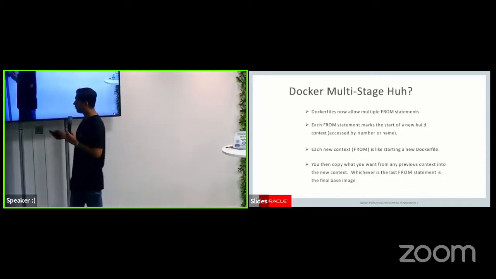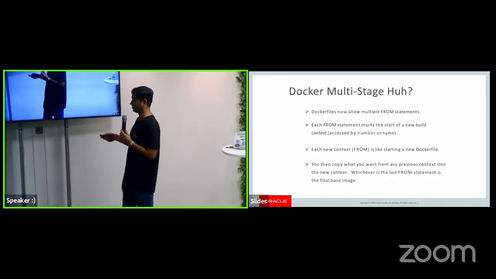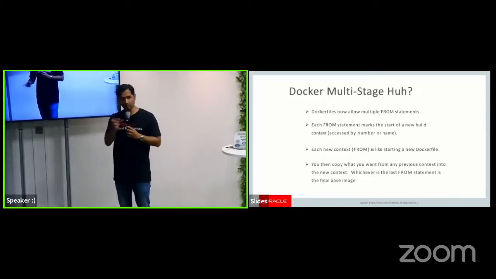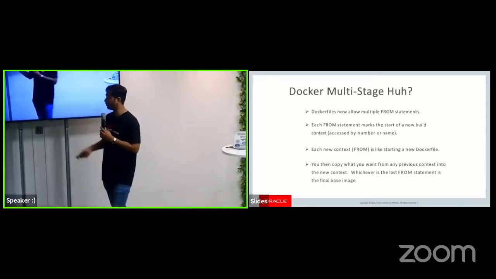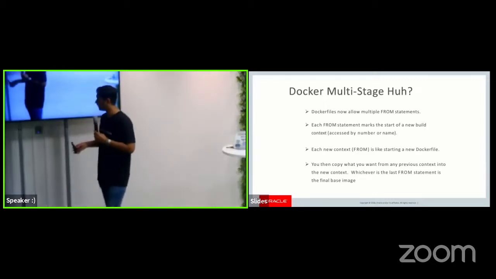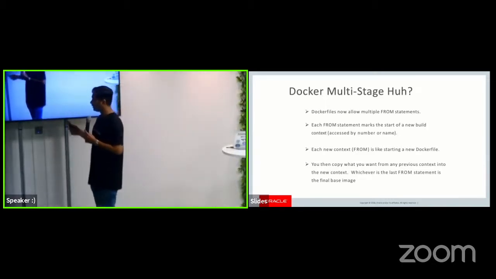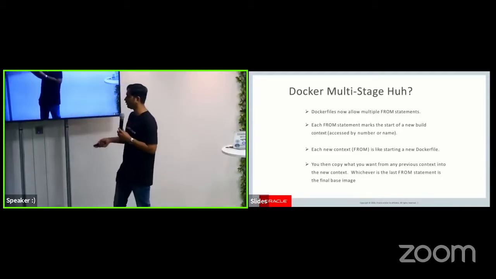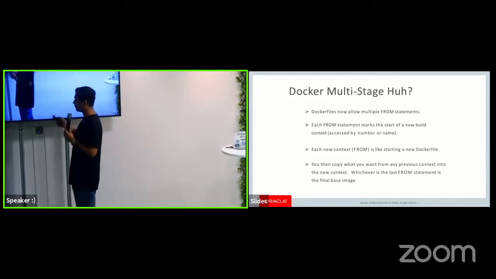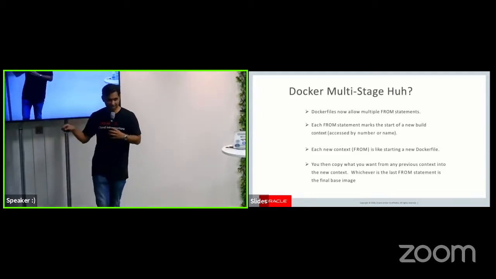Each FROM statement marks the start of a new build context, which is accessed by a number or a name that we define. I'm going to show you how to do that. Each new context, which is the FROM, is like starting a new Dockerfile. You then copy what you want from any previous context into the new context, and the last FROM statement is the final base image.